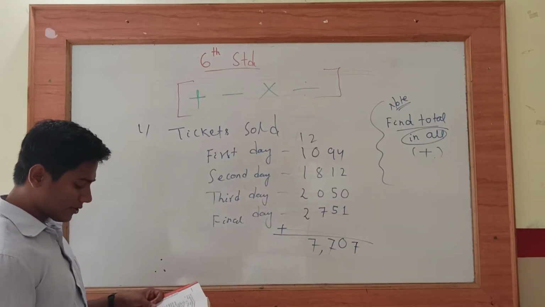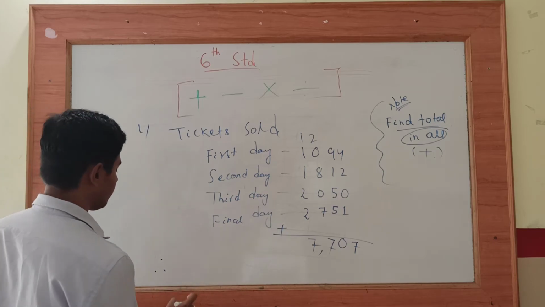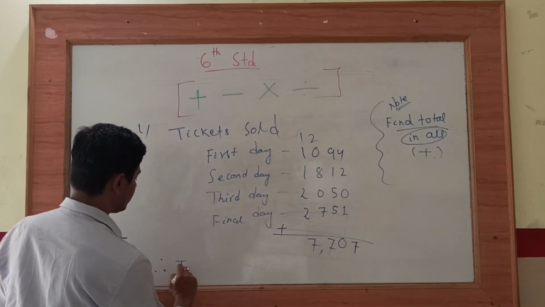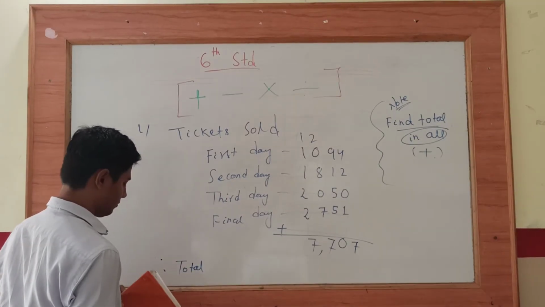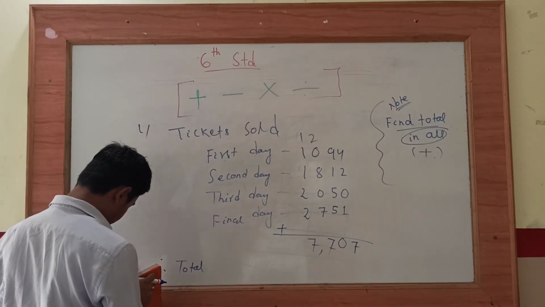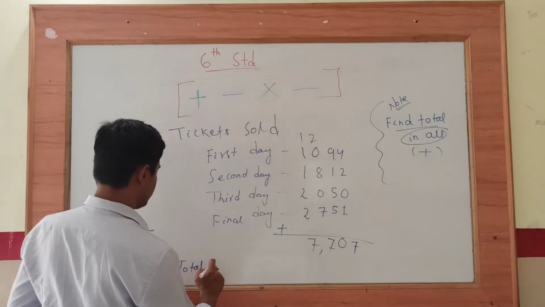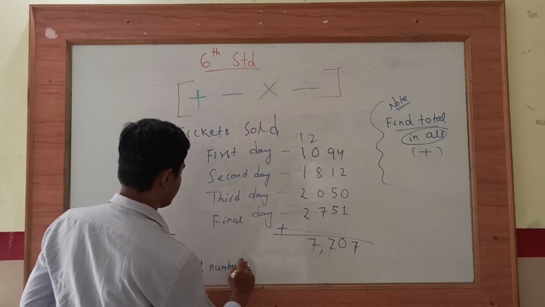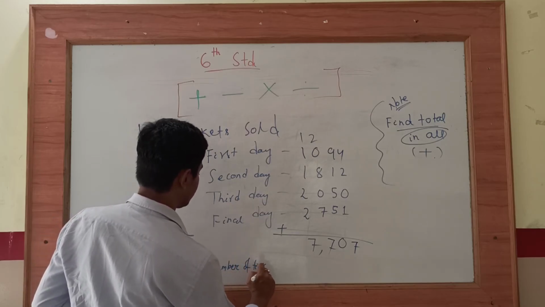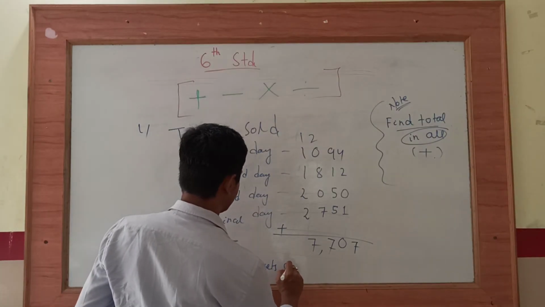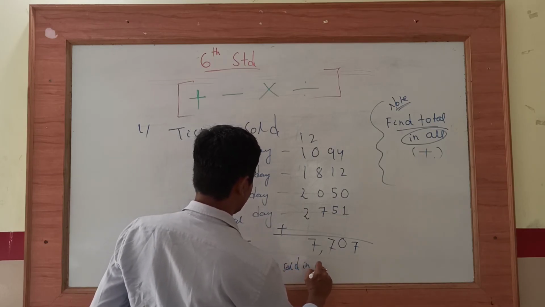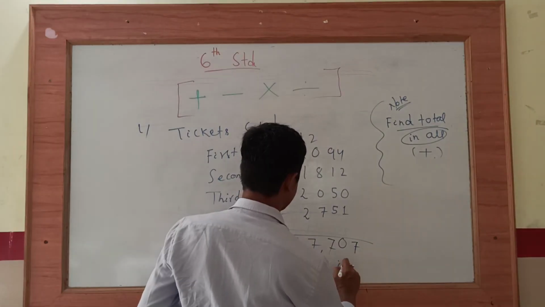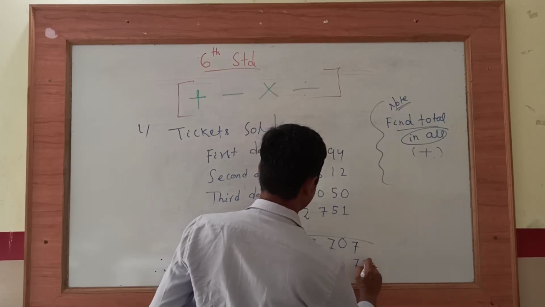The total number of tickets sold in all 4 days is 7,707.